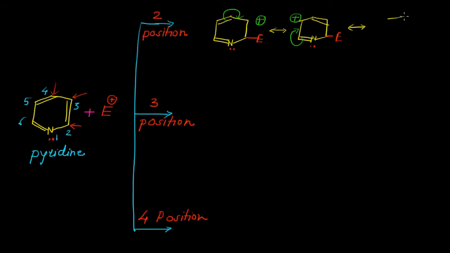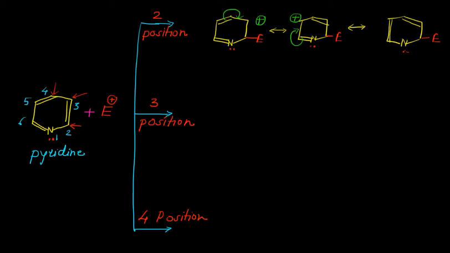In the next resonating structure, again the lone pair of electrons will remain as it is on this nitrogen. This electrophile is present at position 2. The other bonds, such as the bond between carbon number 3 and 4, remain, and here we will have the newly formed bond between carbon number 5 and 6.